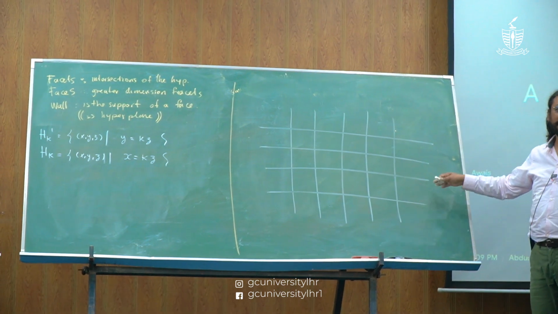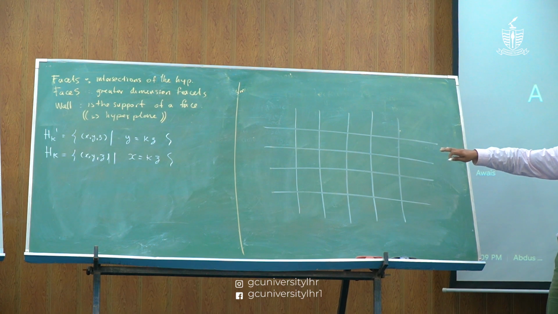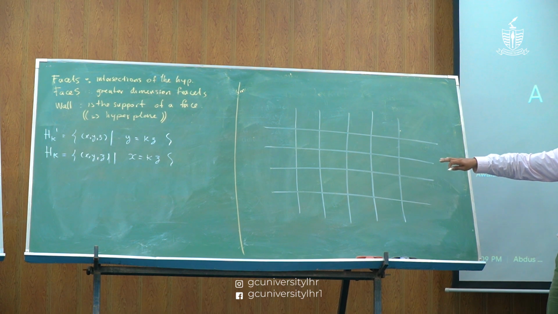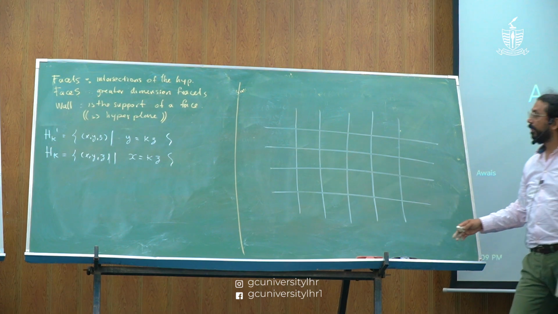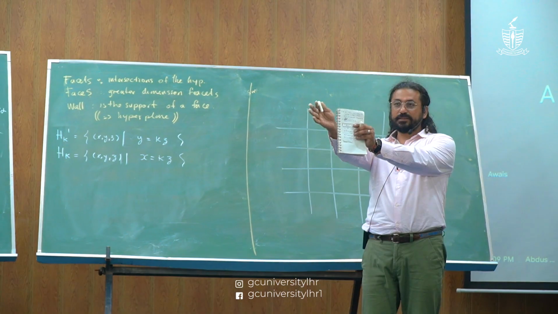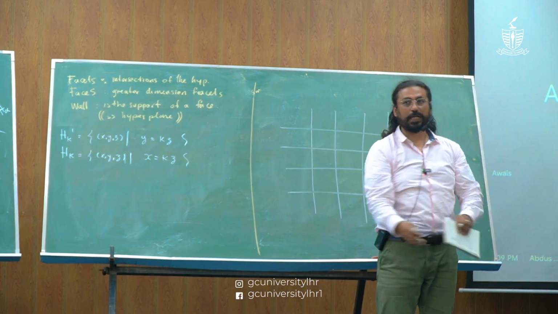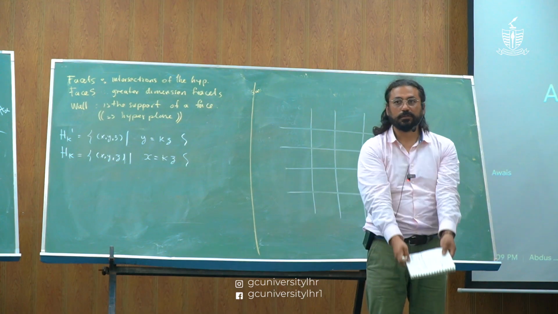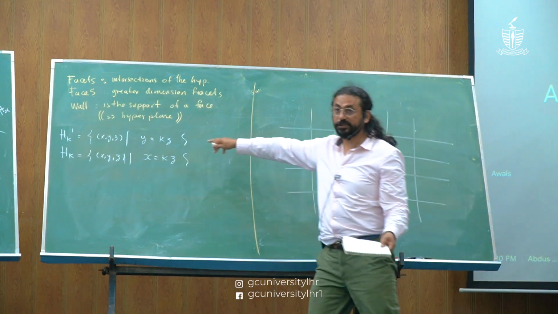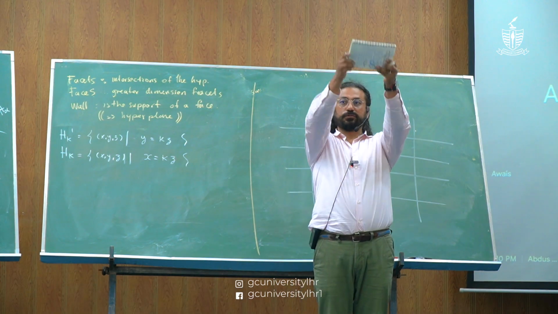So how is this a representation of that? Because the hyperplanes are going like this, no? And the other ones are going like this. All of them are homogeneous. These are passing through the origin. So these two, no?